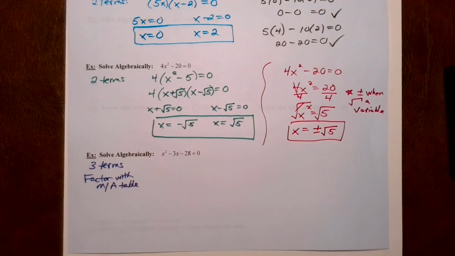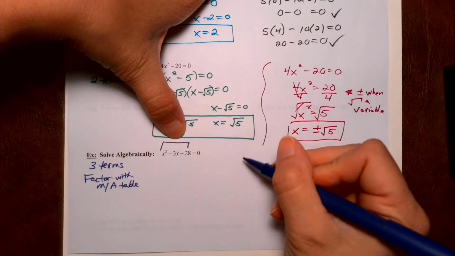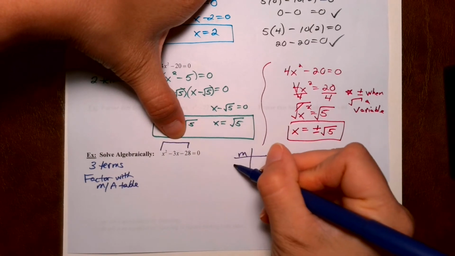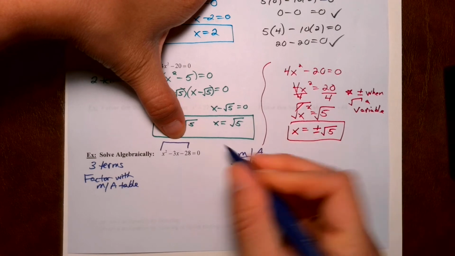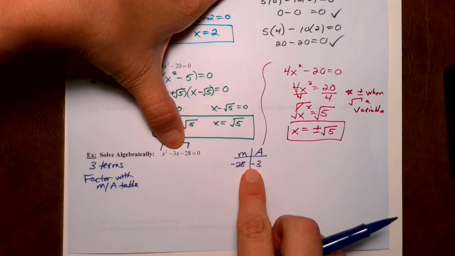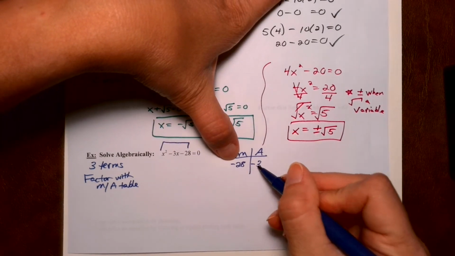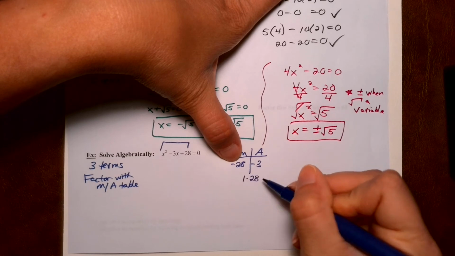Let's do some factoring. I'm going to go ahead and multiply the leading coefficient times the constant. The multiply number is negative 28, and the add number is negative 3. I don't really think about the negatives at first. I'm just going to figure out how to make it 28, but they have to add to 3. So is it 1 times 28?